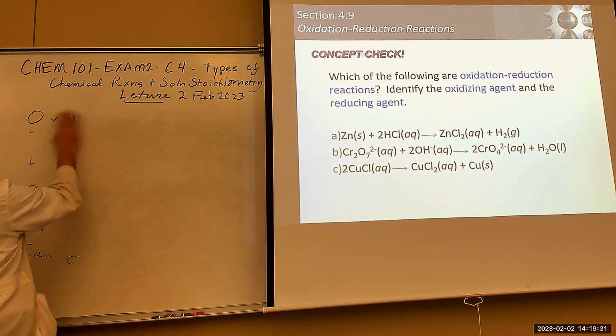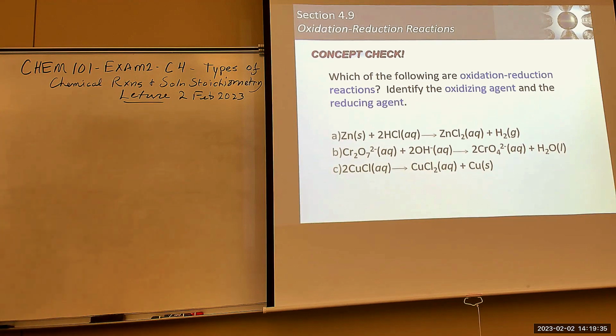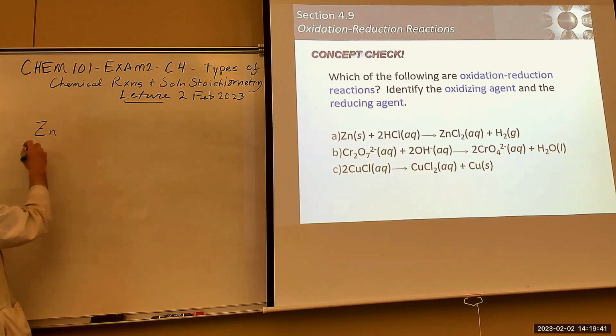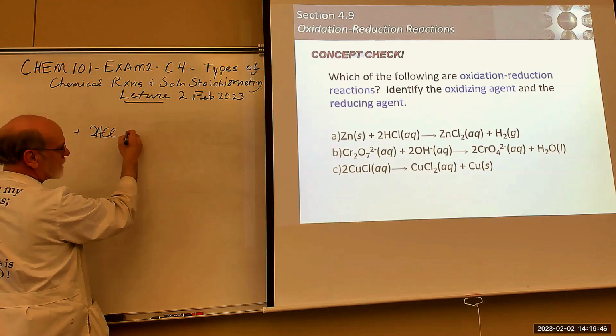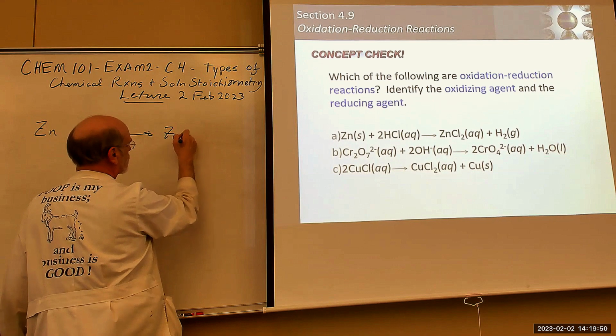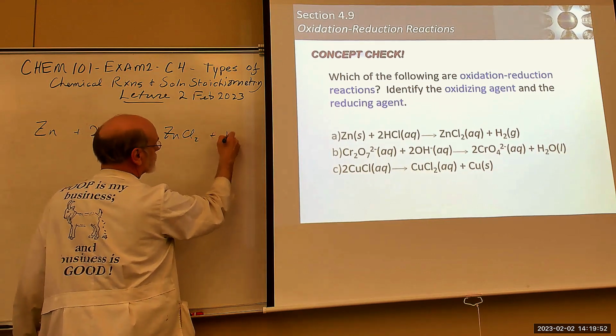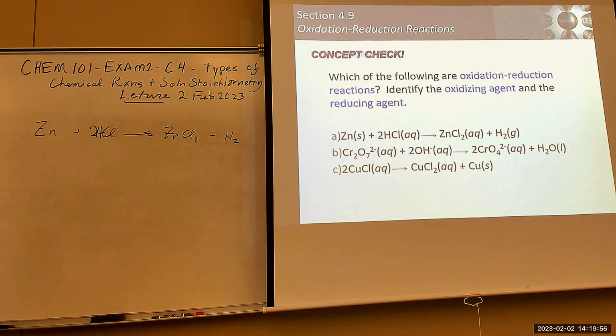Okay, now the question is, and we've got to introduce another term or two. Whenever you have an oxidation reduction reaction like this one, let's use this for an example. Zinc plus 2 hydrogen chloride yields, that's hydrochloric acid, excuse me, zinc chloride plus H2. I'm not going to write in the phases because it takes up too much room.